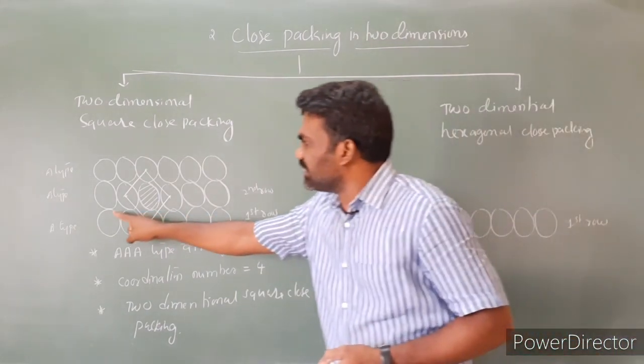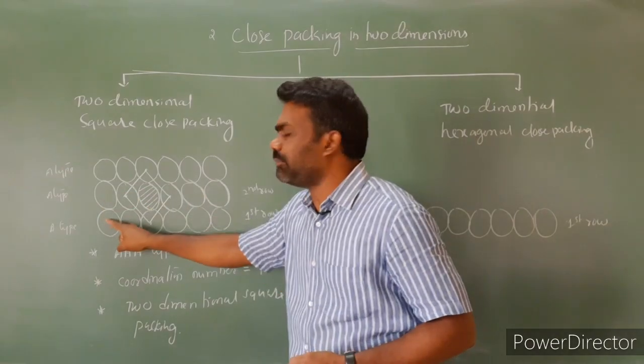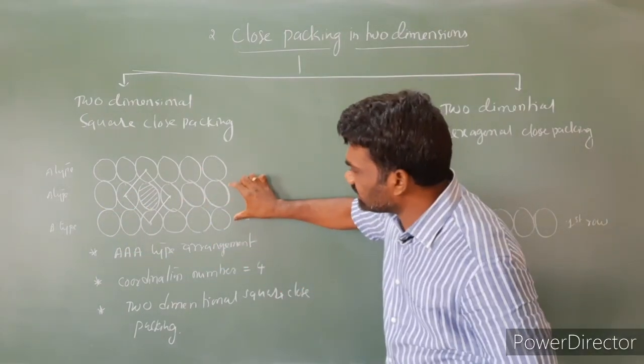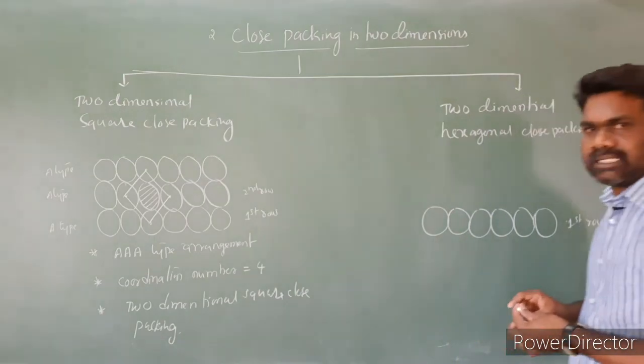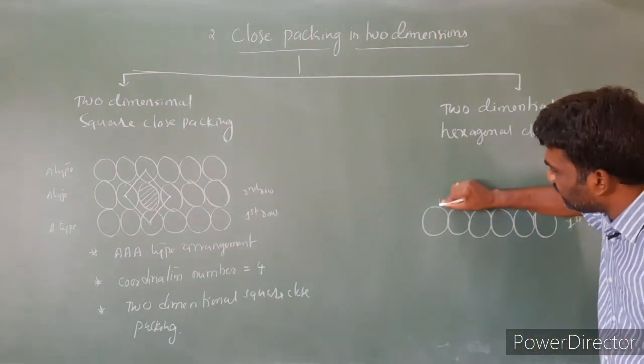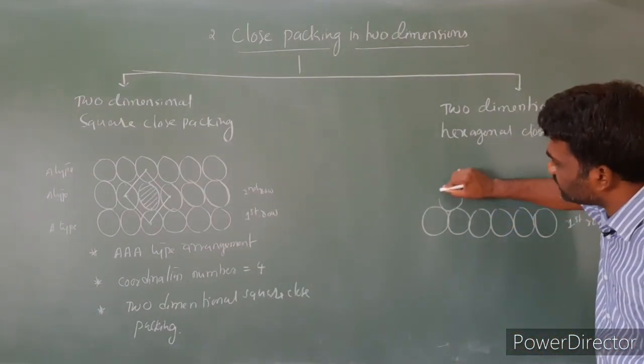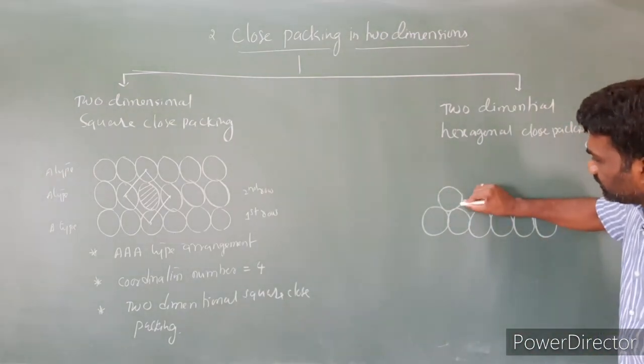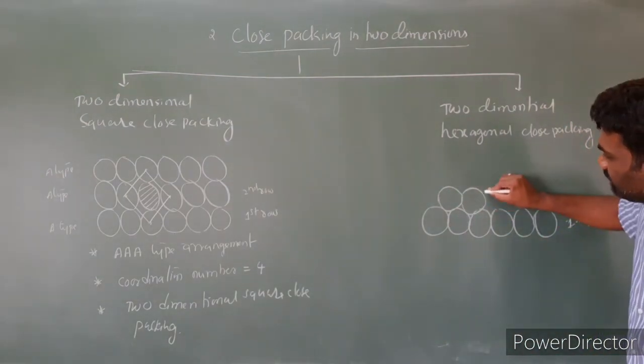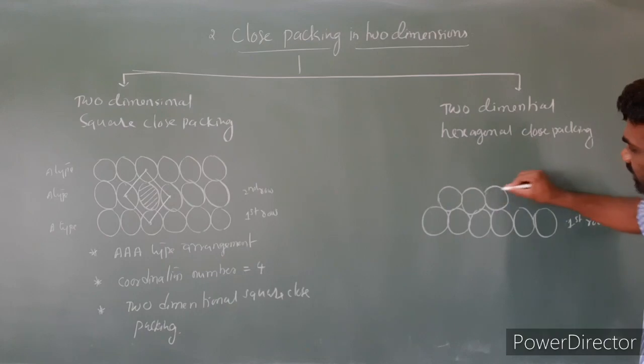But in square packing, the second row is placed exactly above the first row. That is the difference. Here we have to place it in a staggered manner, not exactly above, but in the depressions like this.